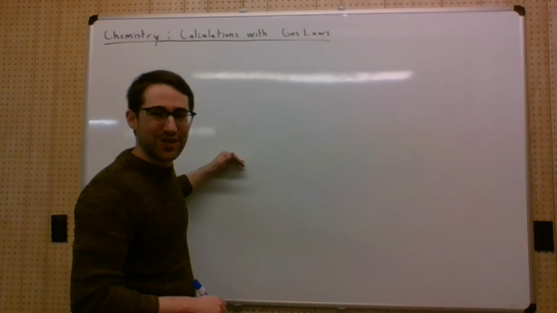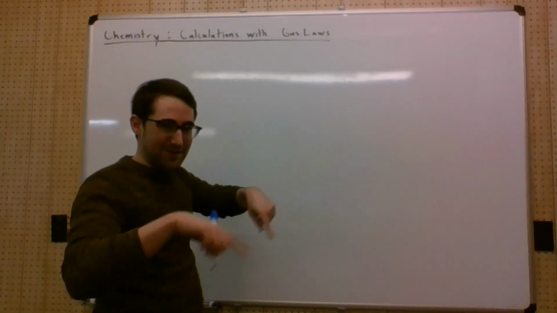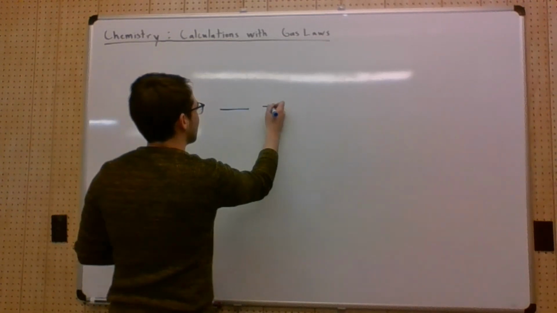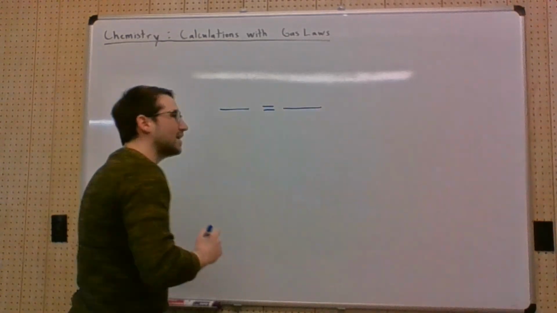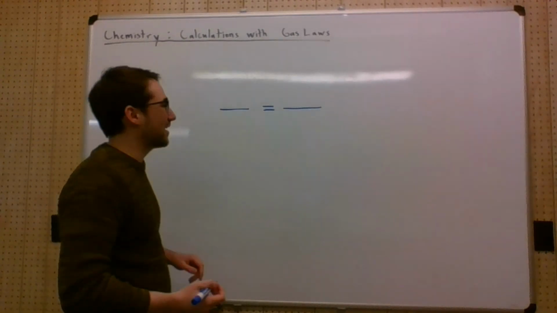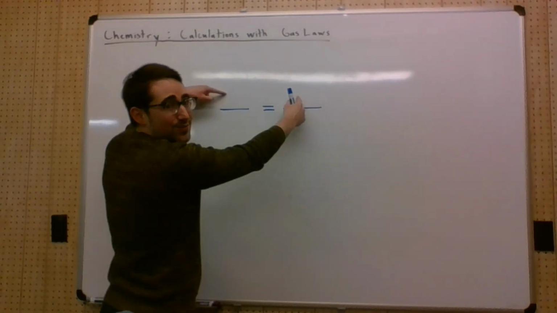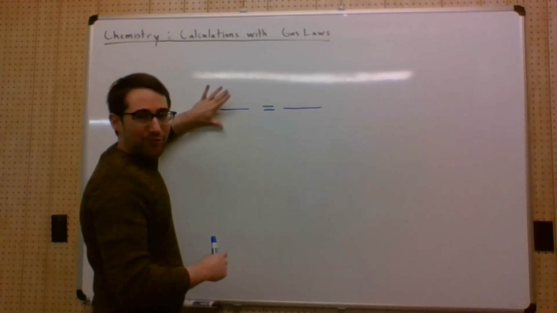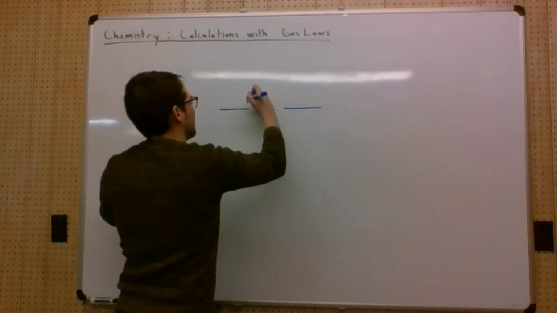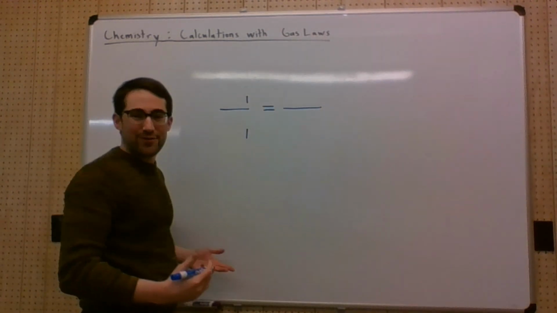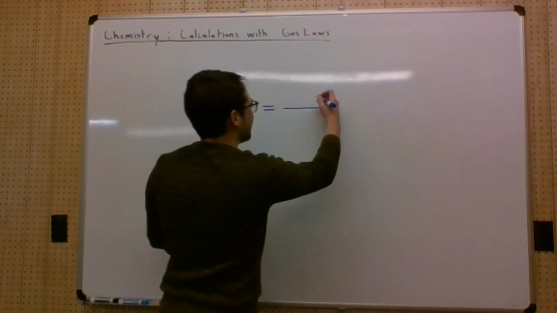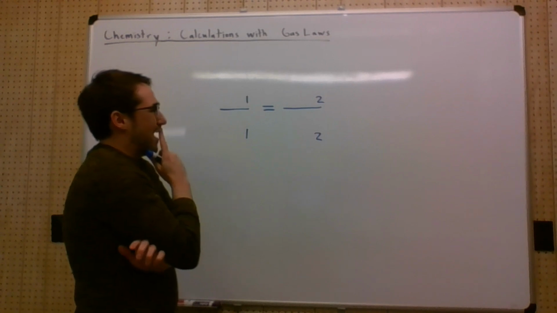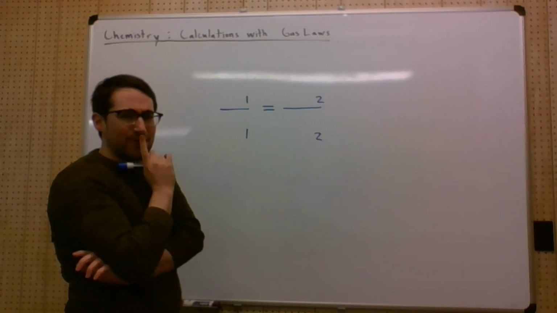So I want something over something to get that same kind of follow each other relationship. I probably want these two to be the same as each other, where I've got the original conditions over here, something one, and our new stuff over here, something two. Okay? I'm looking at volume and amount.